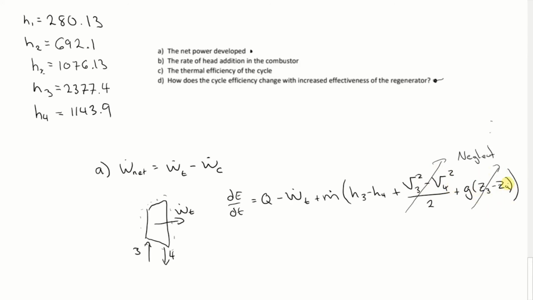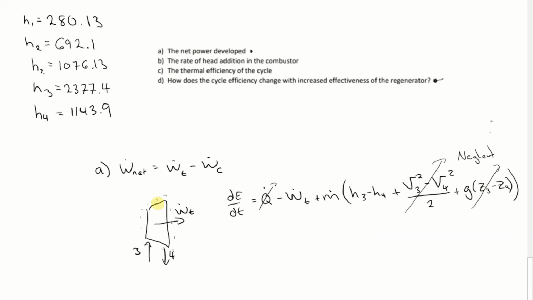This is a little bit less common in these types of questions, but it's not inconceivable that you'd be told something about potential energy. In this question, we're not told anything about them, so we assume that the changes are negligible.